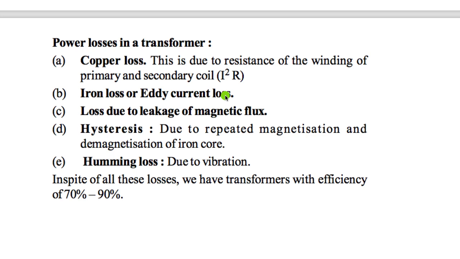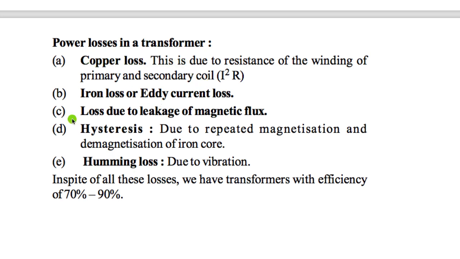That eddy current is nothing but heat loss. That loss can be reduced by laminating the iron core. We are going to reduce that eddy loss. Here we have to use low resistance coils to reduce the copper loss.